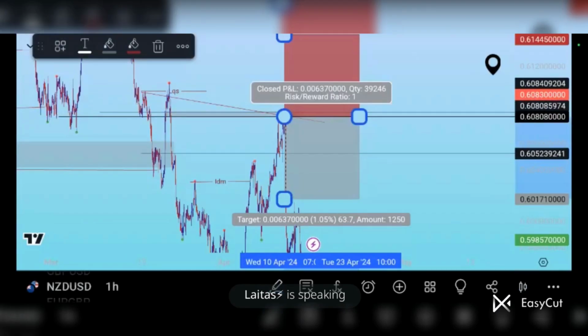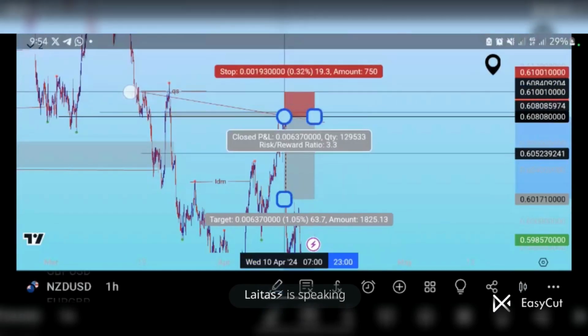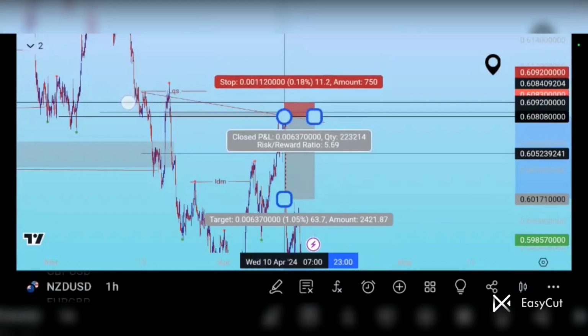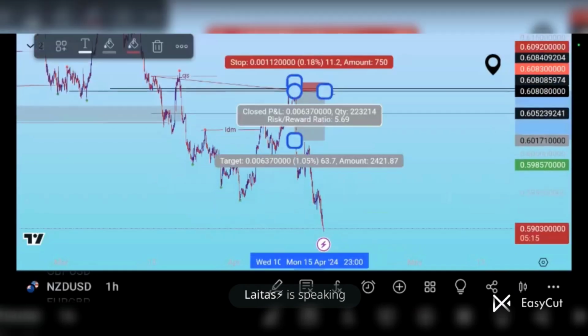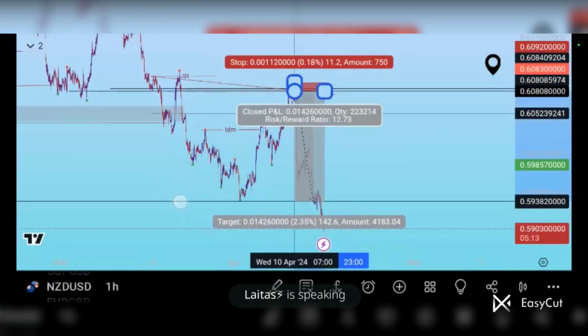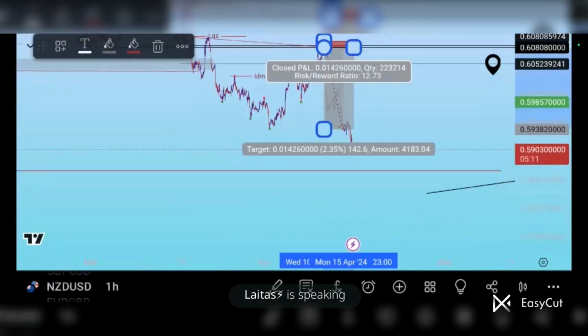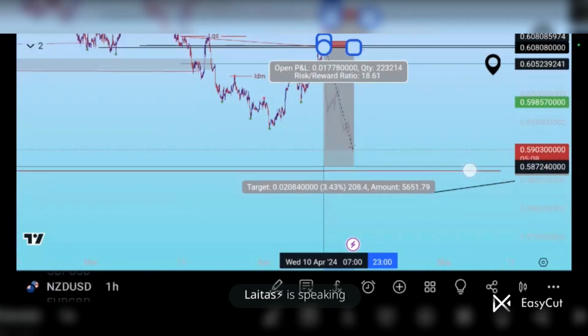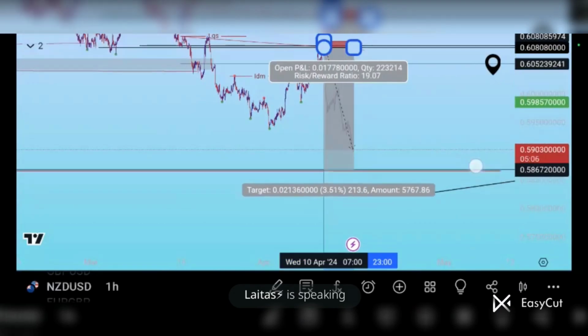So this trade happened last week, and we didn't send any trade to take last week. So if you're targeting, I will have to get this one as my TP, my last TP.